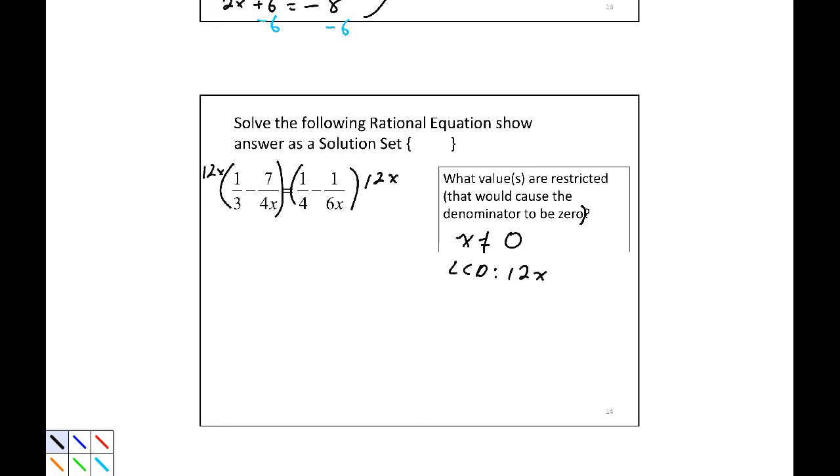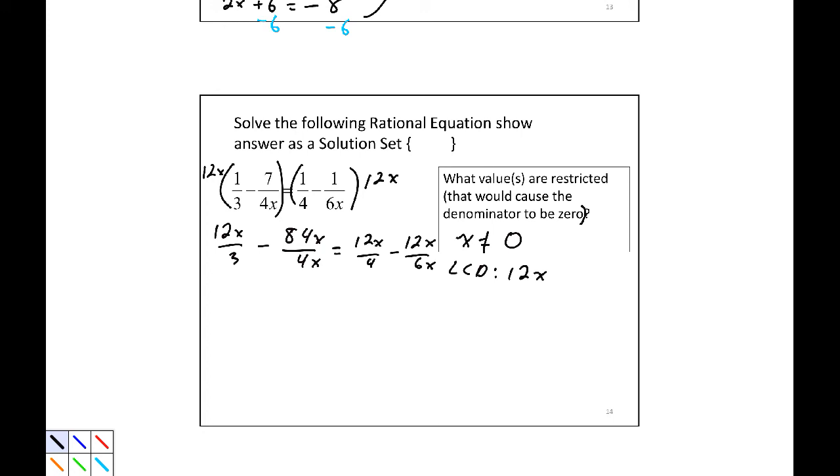Multiplying that through, we get 1 times 12, so that's 12x over 3, minus 12 times 7 is 84, 84x over 4x. Let's see, 1 times 12 is 12x over 4, minus, that'd be 12x over 6x.